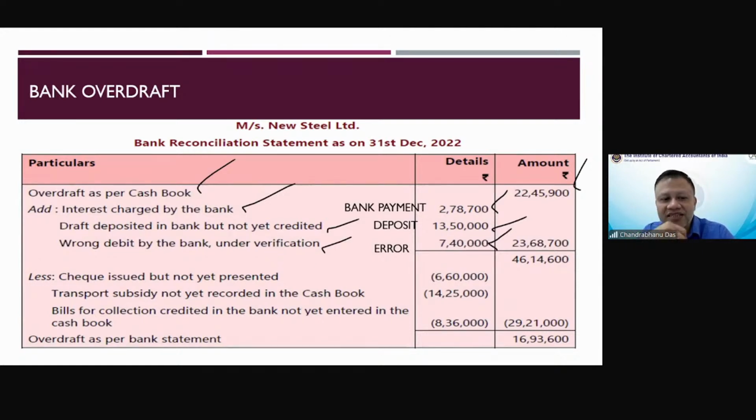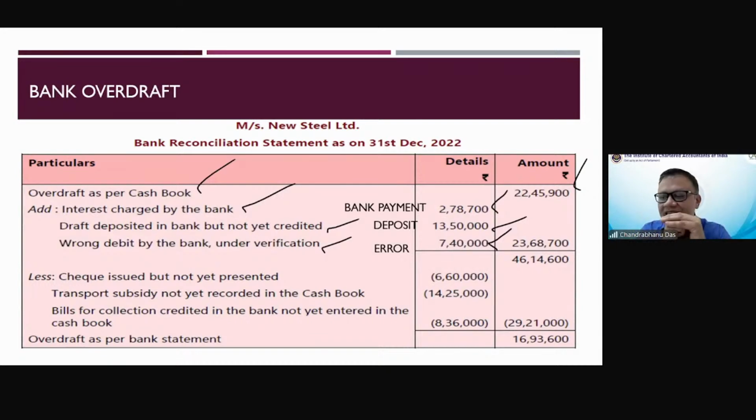So interest charged by bank and wrong debit by bank. And the draft which is deposited in the bank but not yet credited, you are taking it out because you don't want cash transactions to stay with you. So this is the overdraft as per cash book. Now you are going to the passbook.